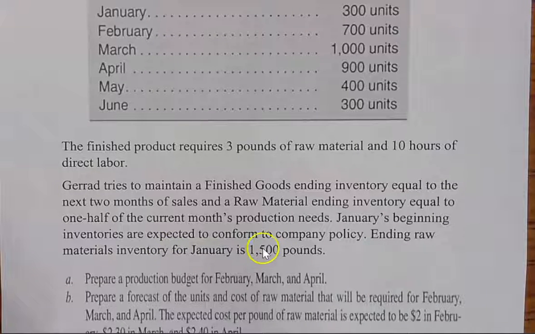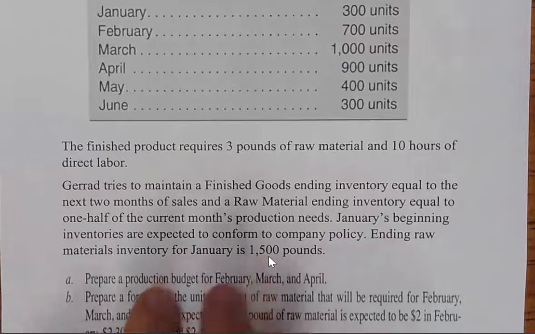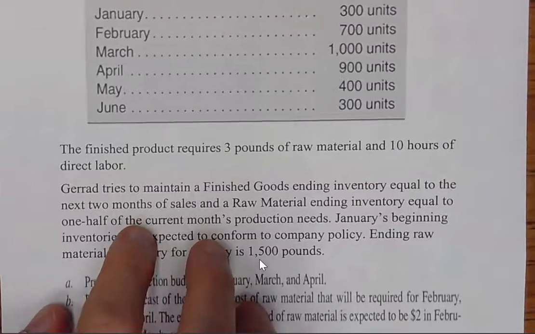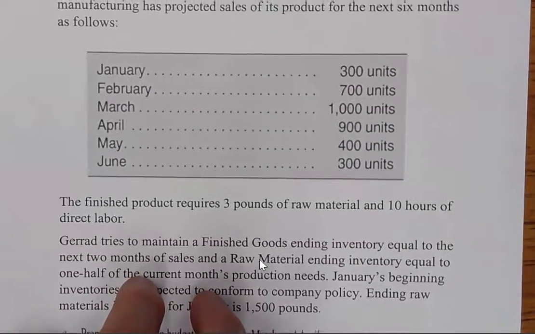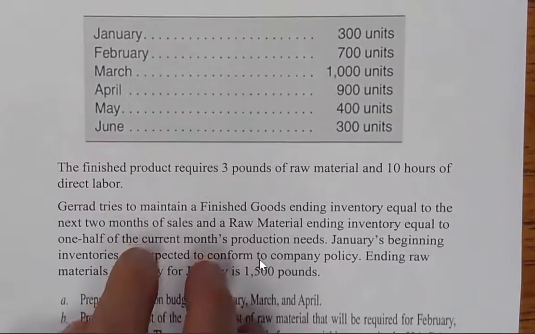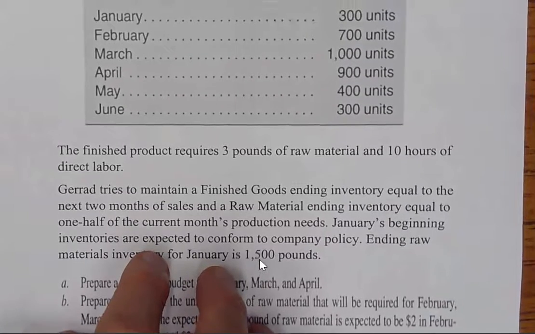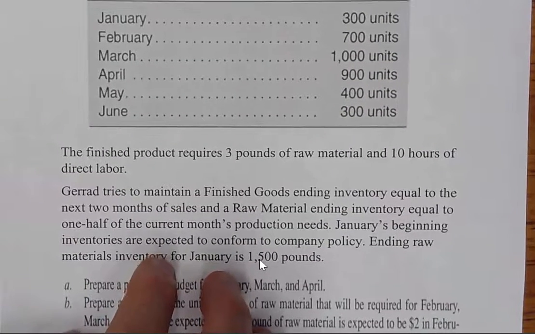Ending raw materials inventory for January was 1,500 pounds. I think they are probably giving us January's ending inventory because we do not have information anywhere for December, and we would probably need that to determine exactly what we did in January.